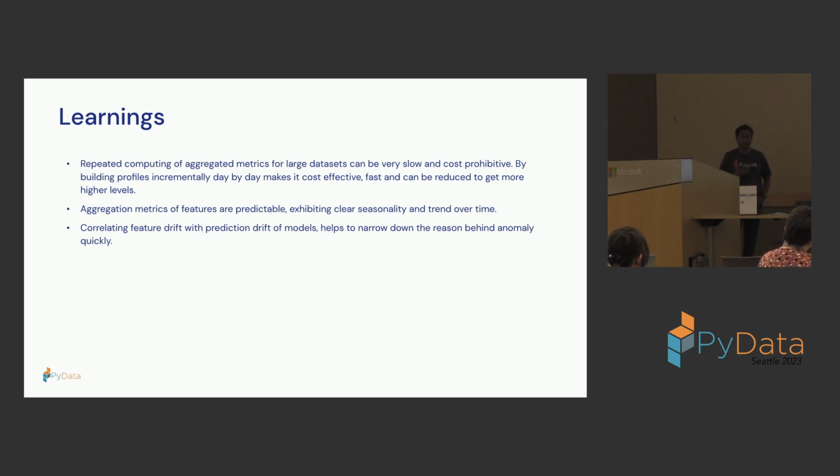This mechanism helped us do this effectively, and the aggregation matrix after profiling gives you a clear sign of seasonality and cycles in the metric of your choice. We later correlate the delta dy, the delta of prediction, with dx, the delta of feature drift.